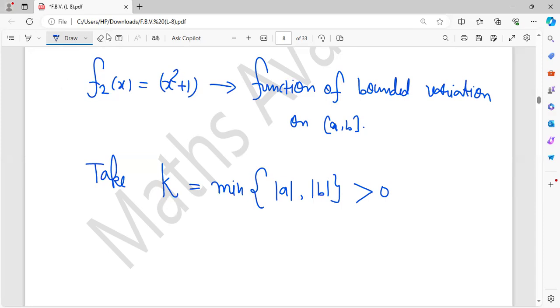Okay. Sorry, let me repeat again. I am taking the minimum of the absolute values of a and b. Maybe one number can be 0 also. So the minimum can be 0 also. Or if a and b are not 0, then it will be greater than 0.